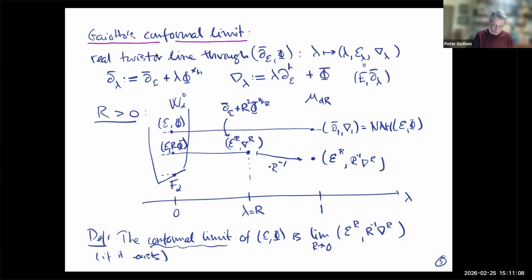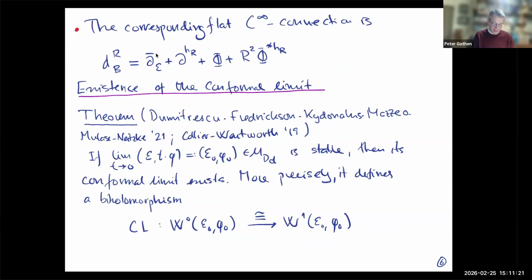Now you try to make R go to 0, and if you can do that and you get a limiting flat connection over here in the de Rham moduli space, this is what you call the conformal limit. Okay, so this is the construction. For later use, I've written down what the flat connection is.